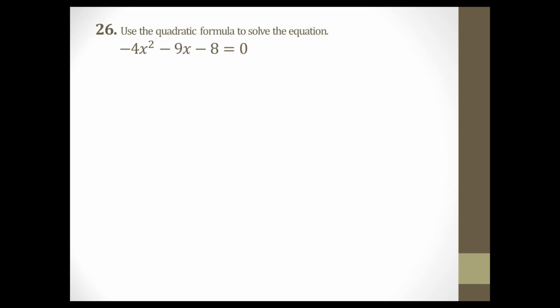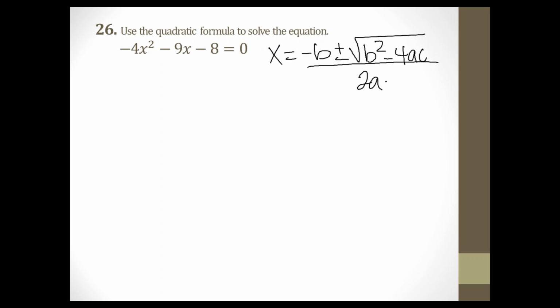Okay, so use the quadratic formula to solve the equation. So let's recall the quadratic formula. It's x equals negative b plus or minus the square root of b squared minus 4ac, all divided by 2a.